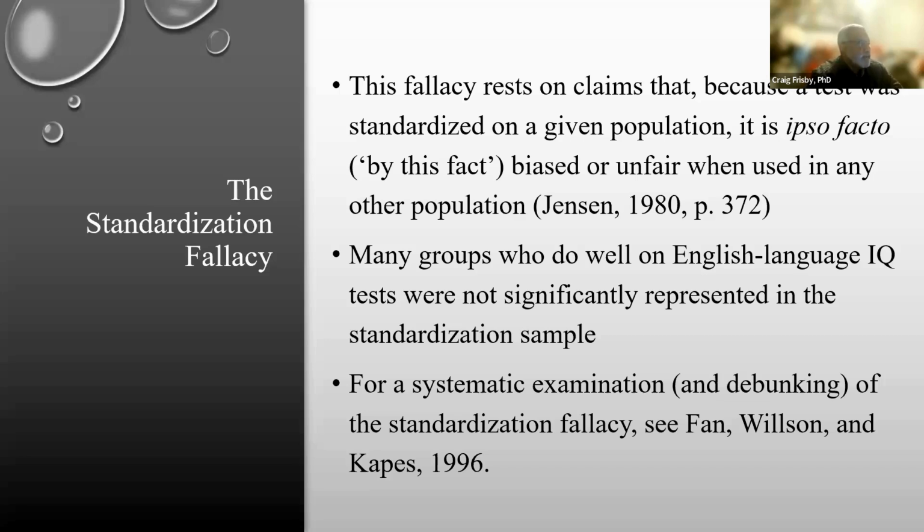We know that many groups who do well on English language IQ tests are not significantly represented in the standardization sample. In fact, we have dozens of studies conducted on people living in other countries who take American IQ tests, and they achieve scores that are significantly higher than the scores made by American samples, even though they were not represented in the standardization group.